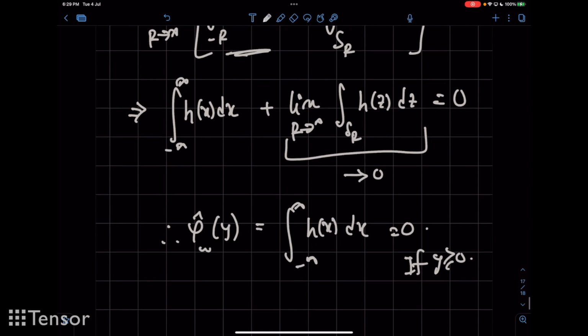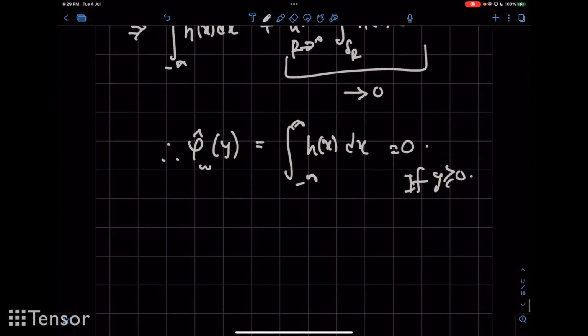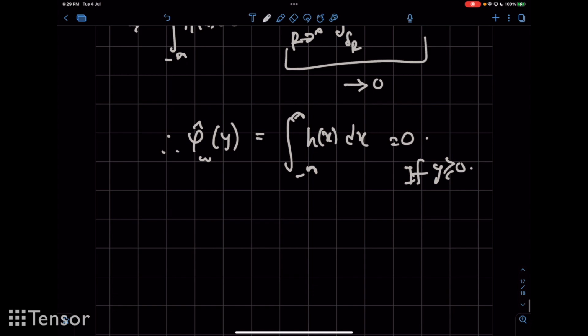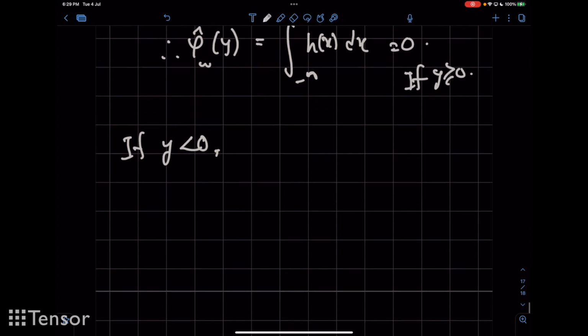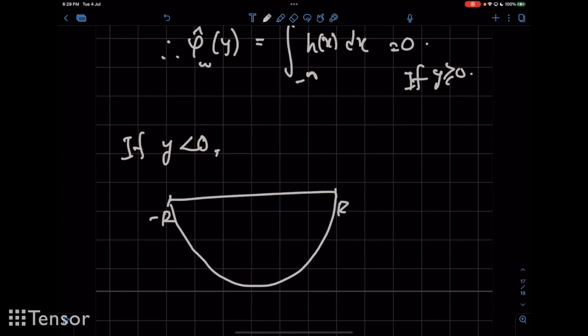And we are yet to do the part with y being negative. So let us do it real quick. If y is negative, then we are going to choose the lower half contour. But this time we have a pole. Let's say right here, this is negative w.